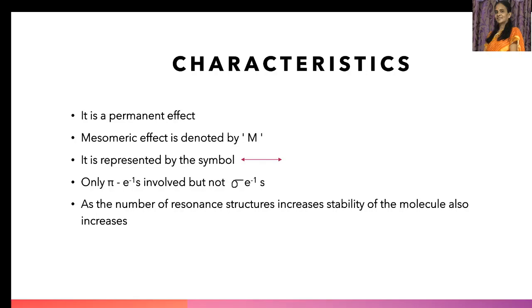This is the point we should remember always. As the number of resonance structures increases, the stability of the molecule also increases. These are the few important points regarding mesomeric effect.